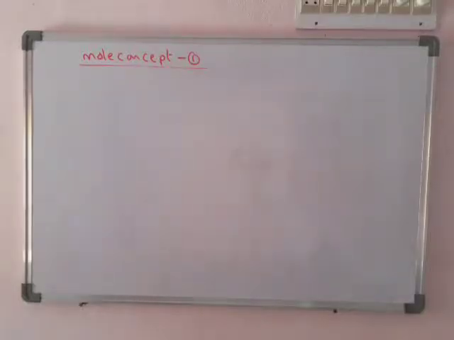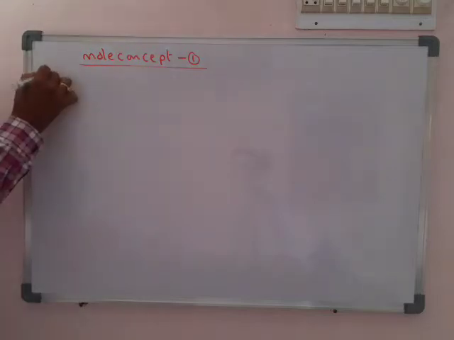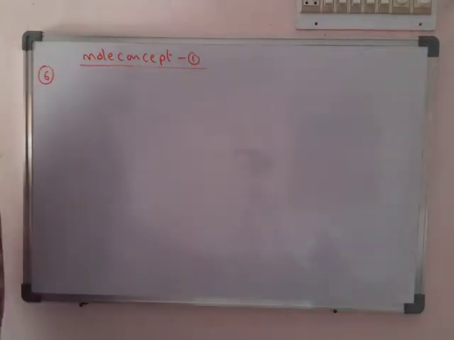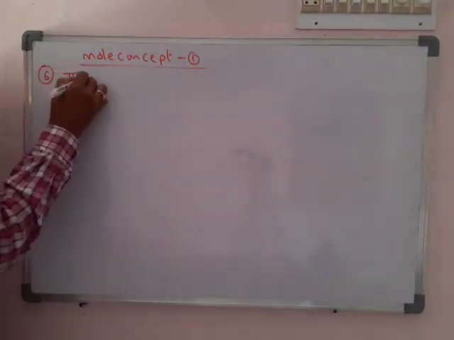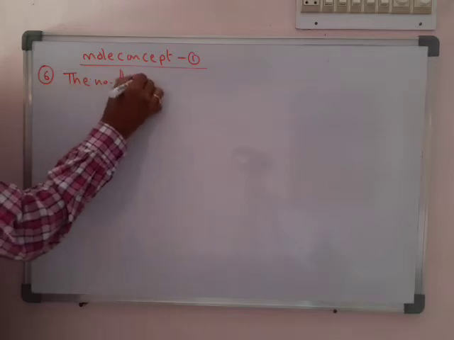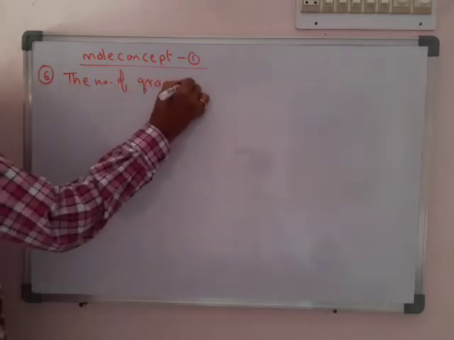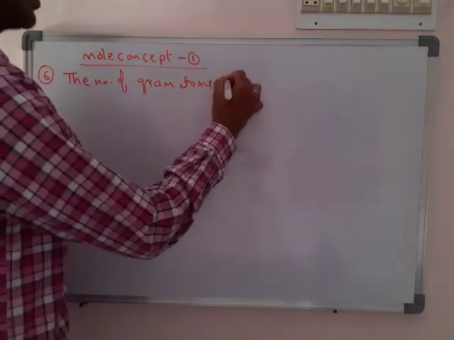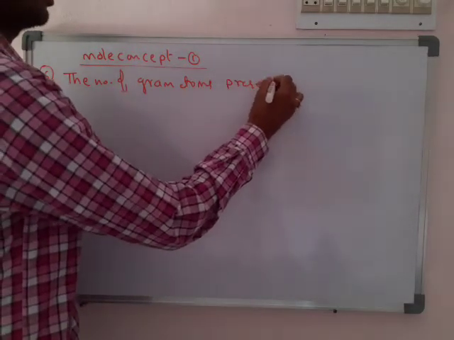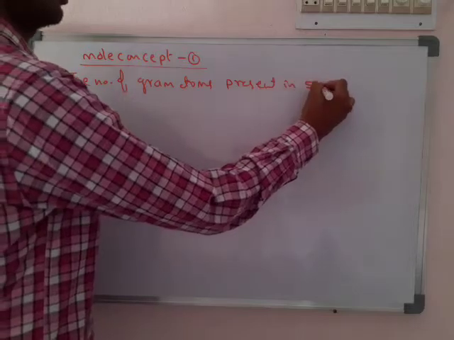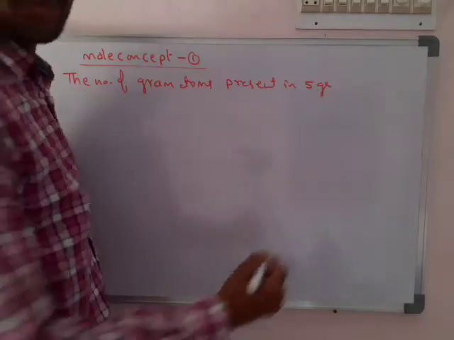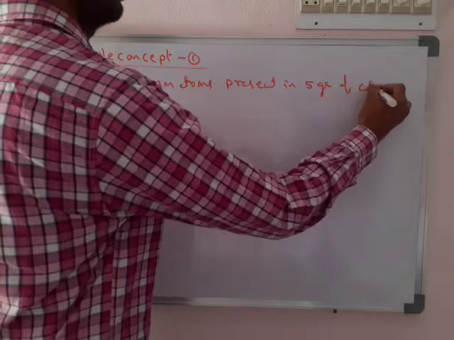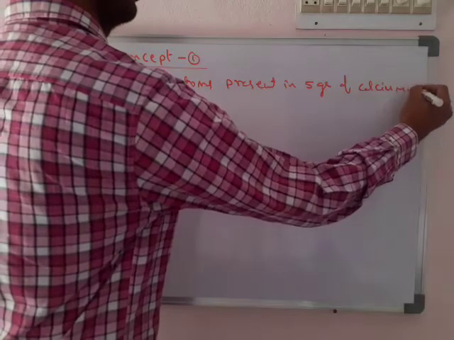Next, see one more problem, the 6th one. The problem is: the number of gram atoms present in 5 grams of calcium is how much?